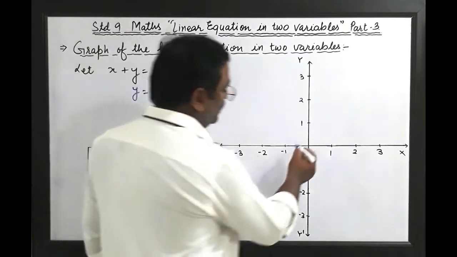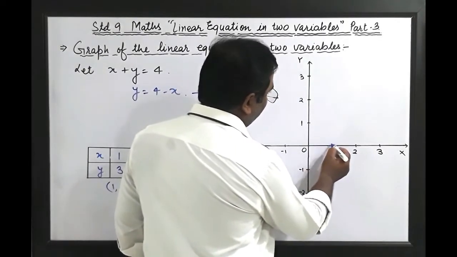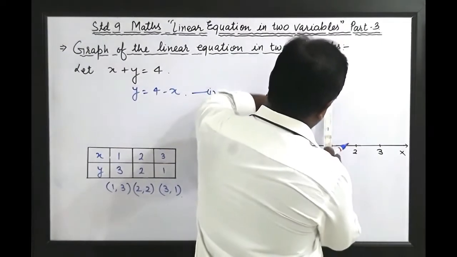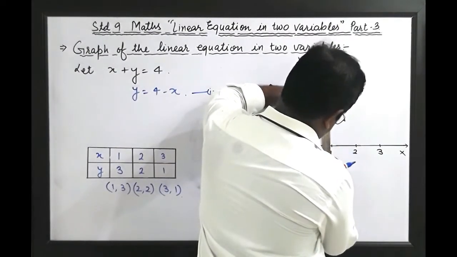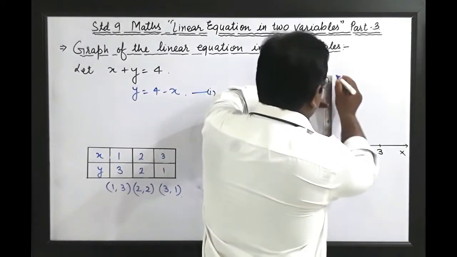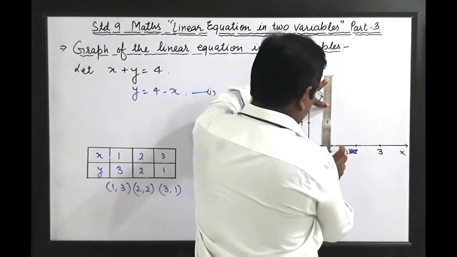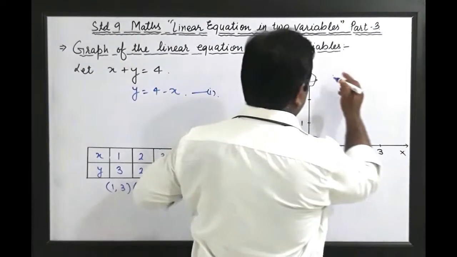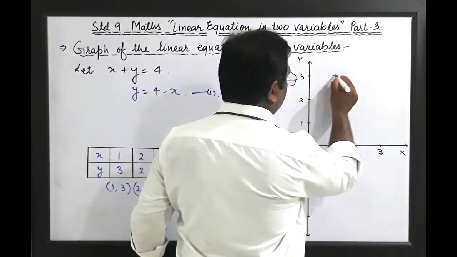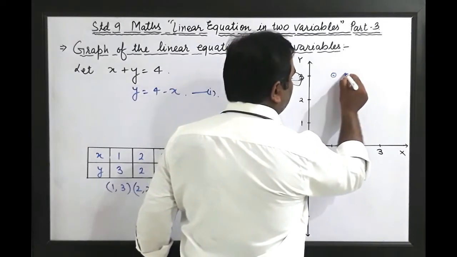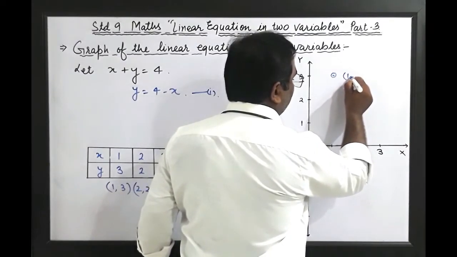It means 1 on x axis and 3 on y axis. So this is the point, its coordinate is 1, 3.